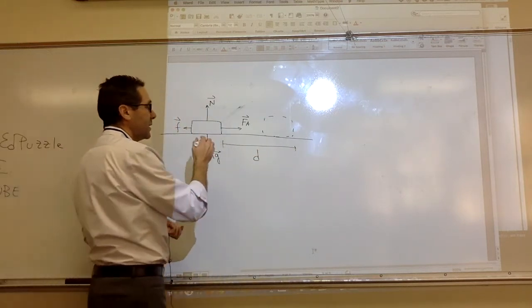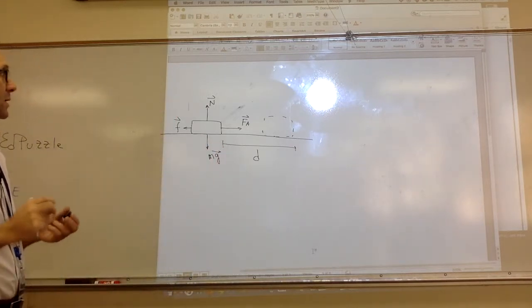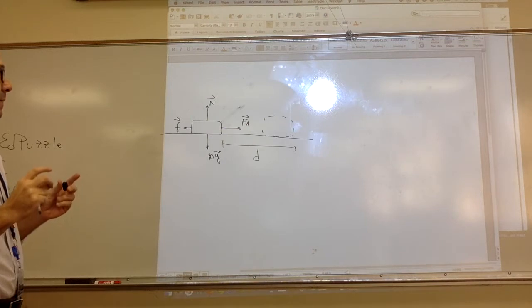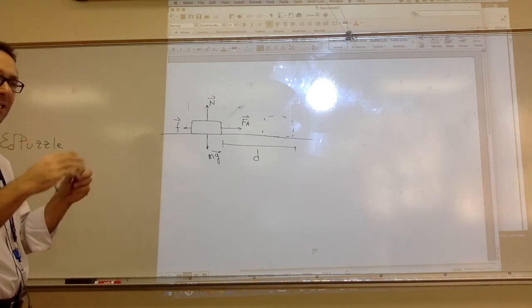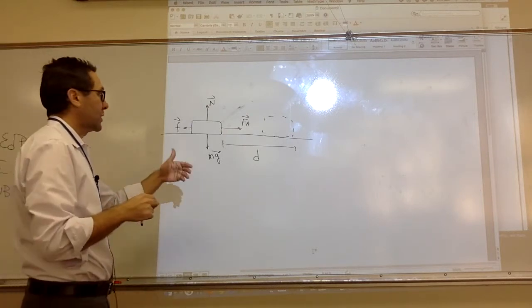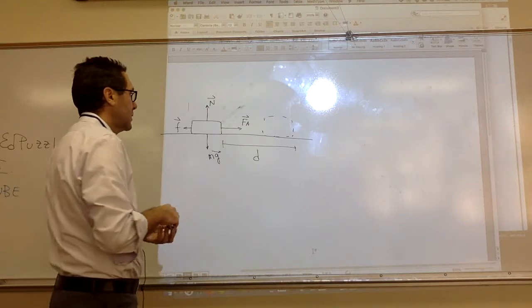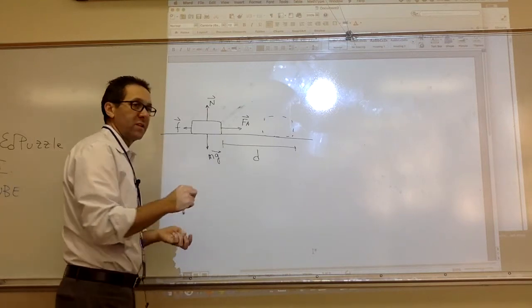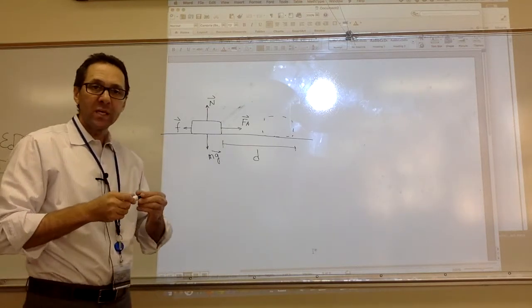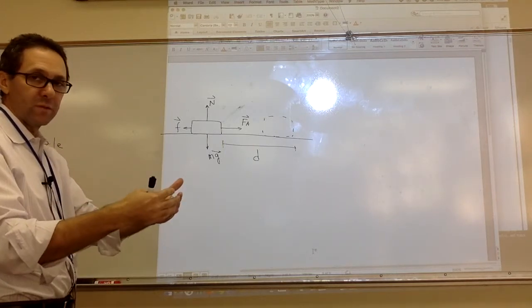Now, whenever I talk about work in physics, I talk about work relative to a specific force. I can't just say work in general and stop. I have to say, what's the work done by this force or this force? All right. Now, the work in physics only has a meaning if you apply a force and if the object moves.